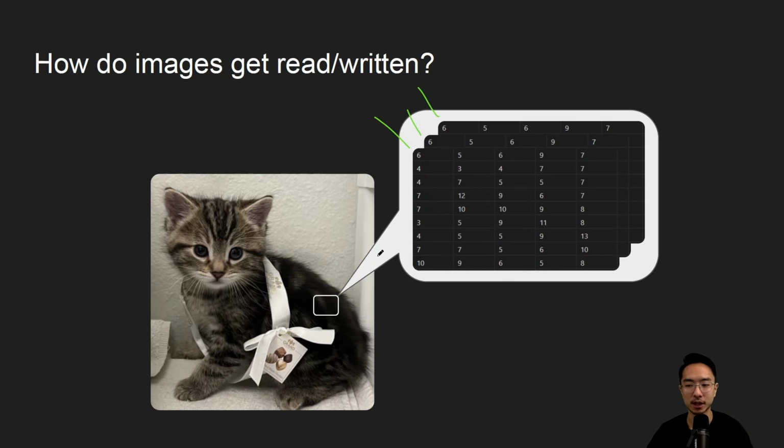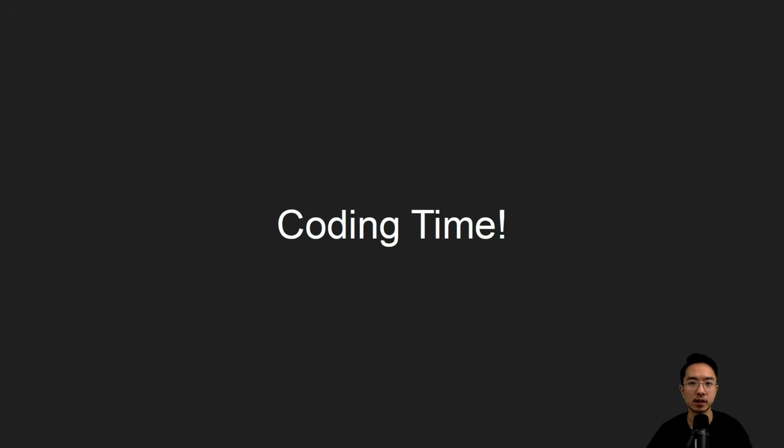That will give us some information. And if we wanted to do any post-processing, we could modify these values, maybe set them to 0, or whatever you want to do with the values. Maybe you want to convolve it with a filter, which is a concept we'll talk about later on. But pretty much once you get the matrices that represent the numbers, you can do anything you want with it. Okay, so now it's coding time and let's jump right into it.